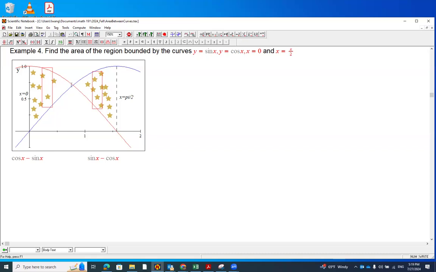And also, we don't know what this point is where the curves intersect. So we need to find the point of intersection between these two functions, between sine x and cosine x.